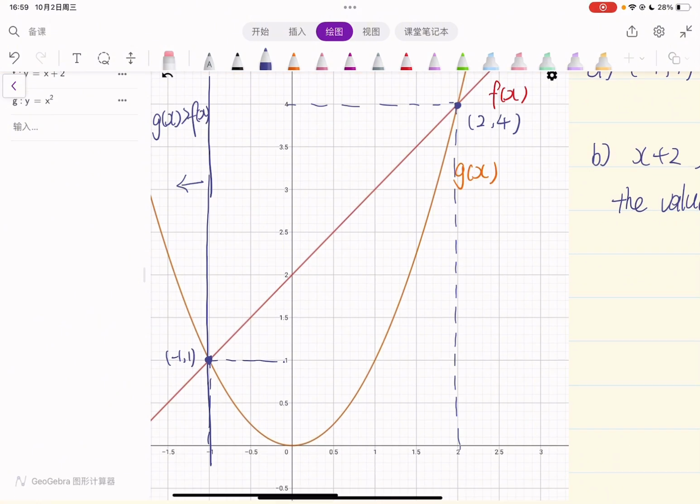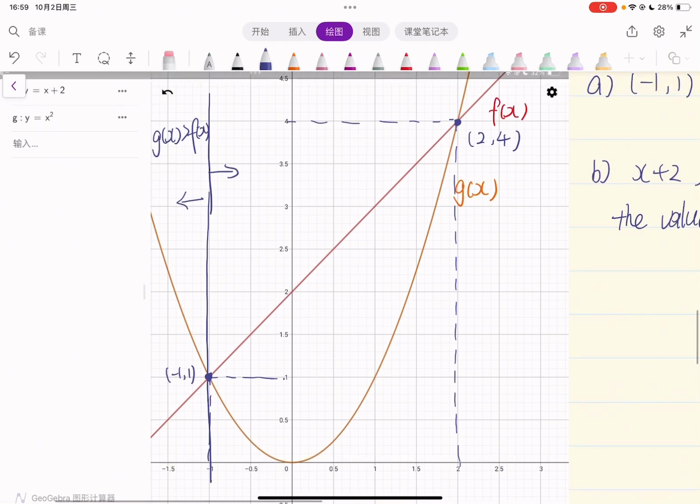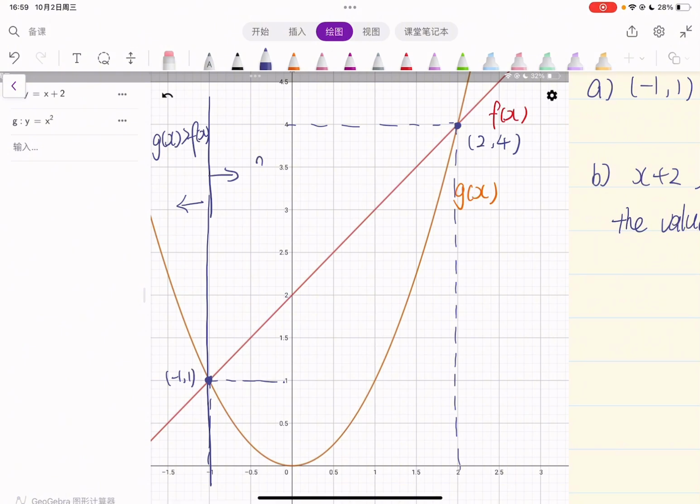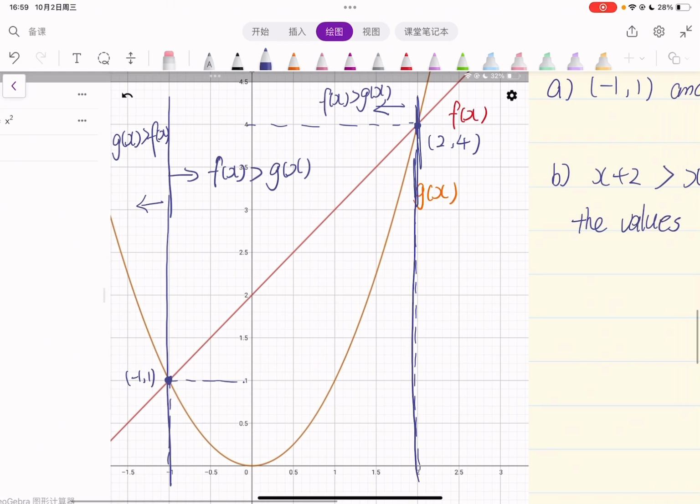And on the right-hand side, the red line is above the orange line, so that is f(x) greater than g(x). At the second intersection, on the left-hand side, it's f(x) greater than g(x). And on the right-hand side, the orange line is now above the red line, so it's g(x) greater than f(x).